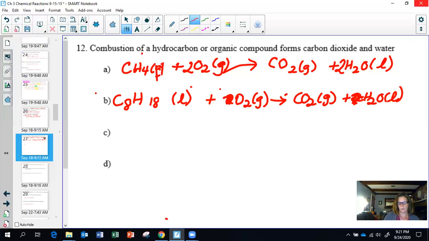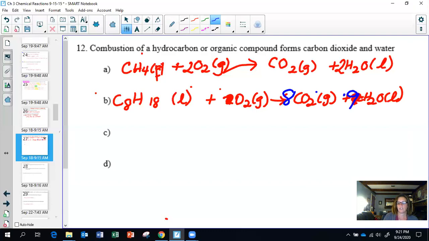All right, so for the balancing, I'm going to change my color of pen here so we can do this together. First the carbon, so we have 8. Then the hydrogen, so over here by the water, we have 9, which will give us 18 on each side.